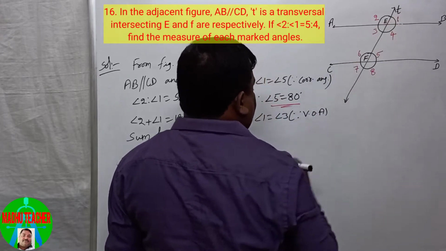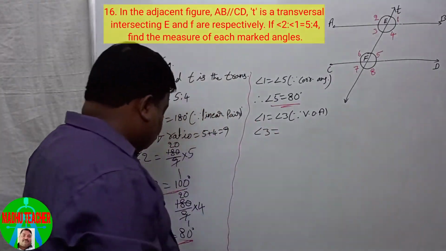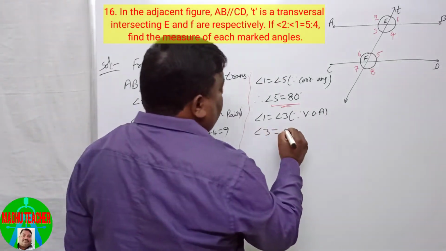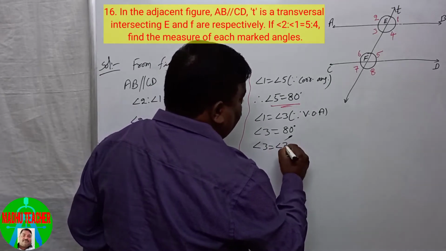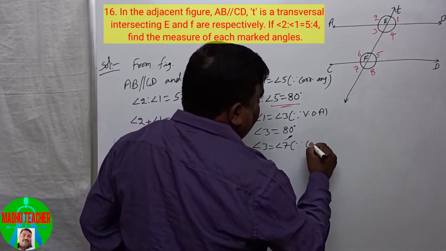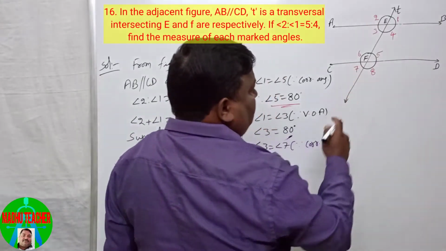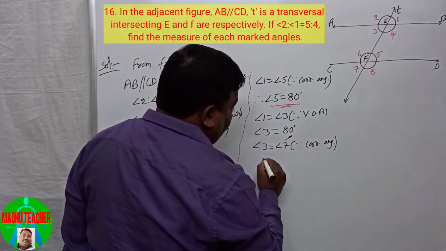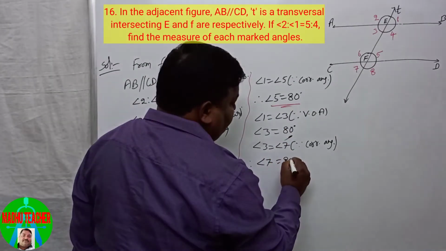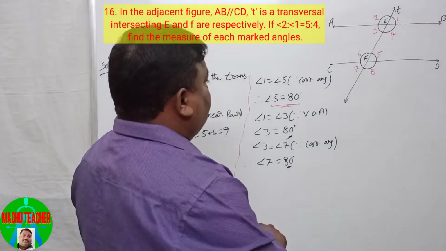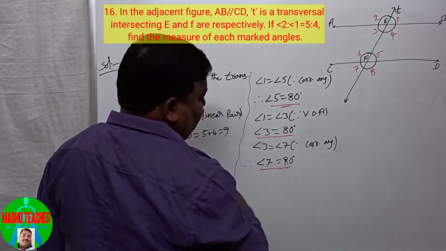Angle 3 equal to angle 7, since corresponding angles. 3 and 7 are corresponding angles. Therefore, angle 7 is 80 degrees. So we got angle 5, angle 3 and angle 7.